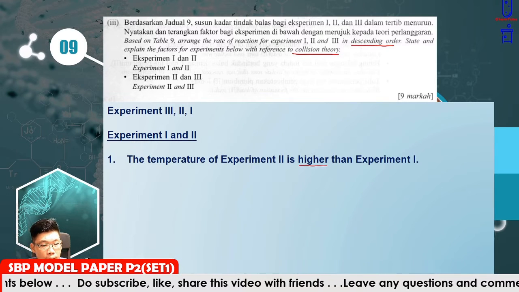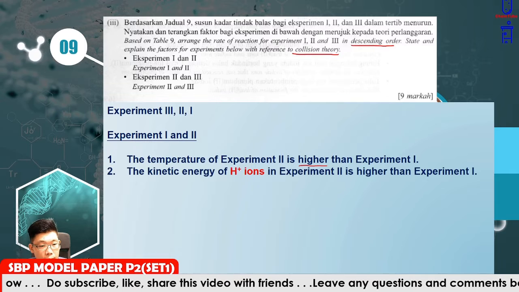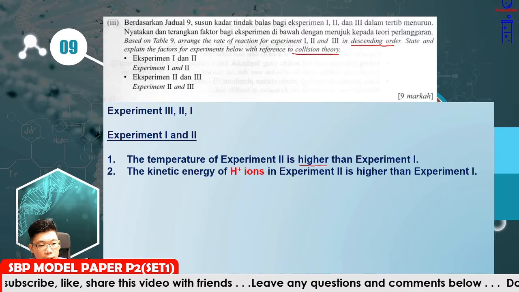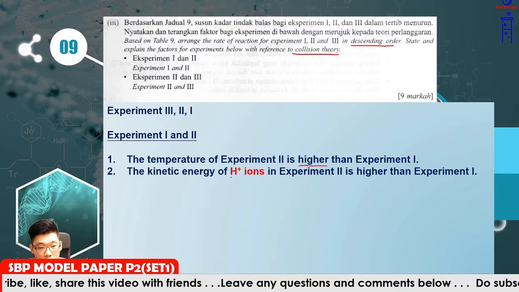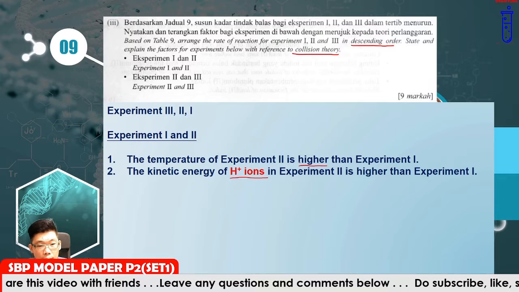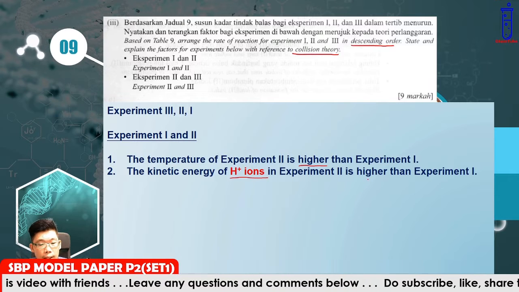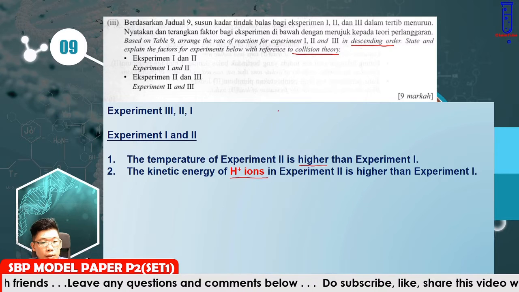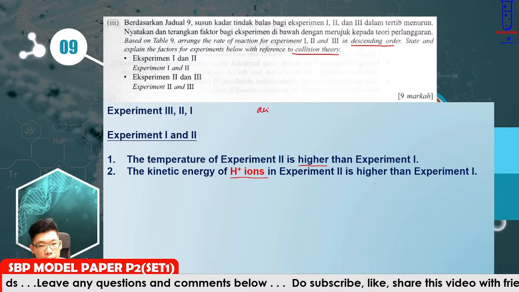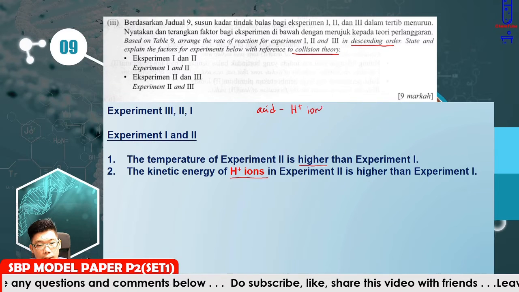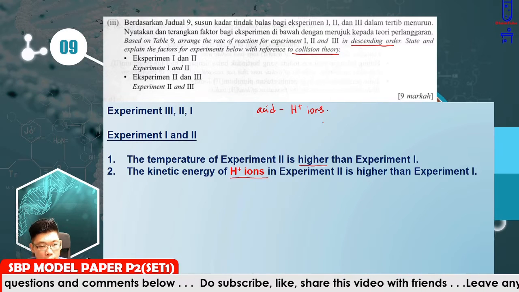Okay. Then what is the next point? So the kinetic energy, because of the temperature. So kinetic energy of the particles, here the hydrogen ions from the acid, in experiment 2 is higher than experiment 1. Okay. So no matter what acid, the particles should be hydrogen ions. Okay, so you pay attention here.